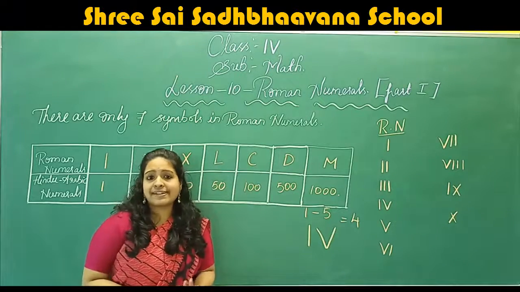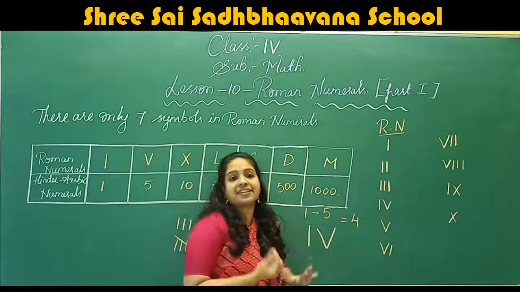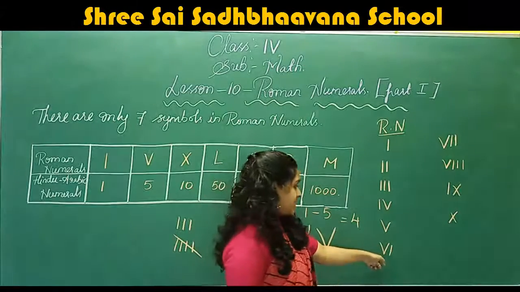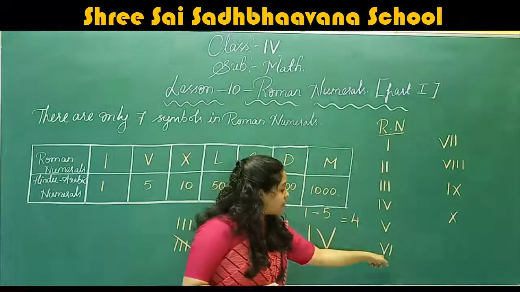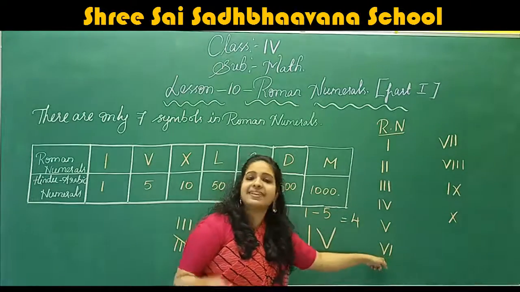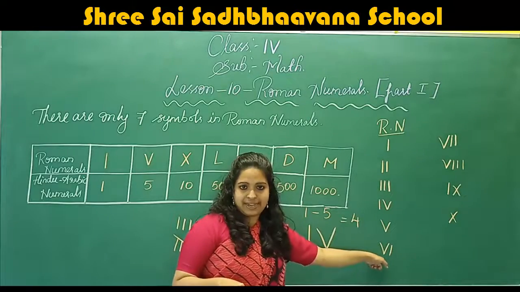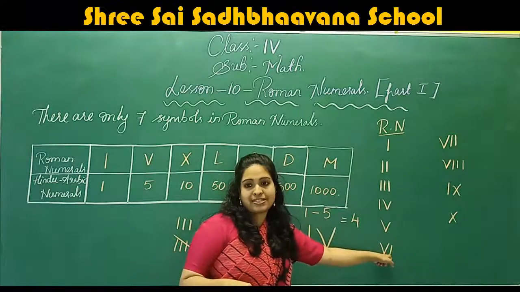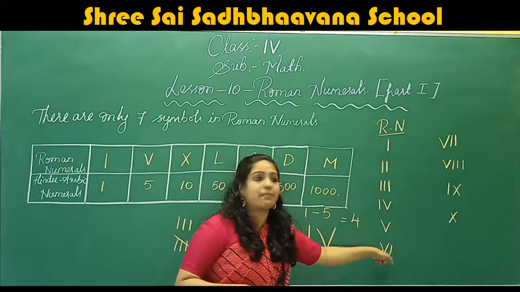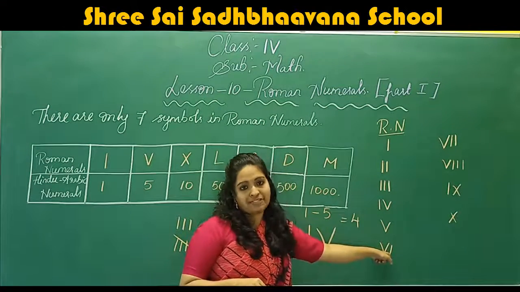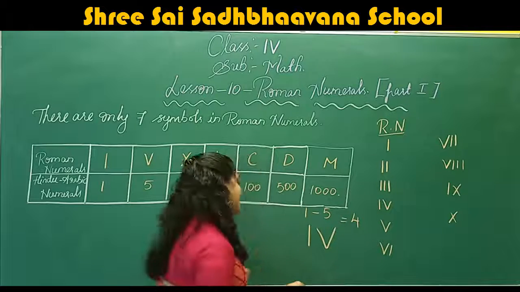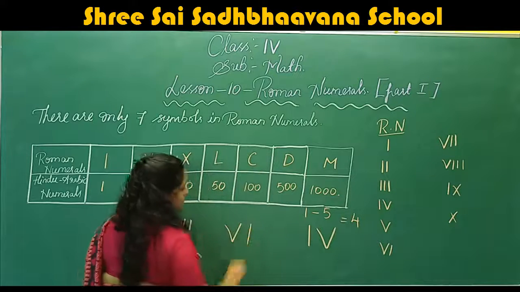If we have written the smaller number after the larger number, as in the case of 6, I have written the greatest number first and after that the smallest number. In this case, you have to add the value of the smaller number to the value of the greater number.